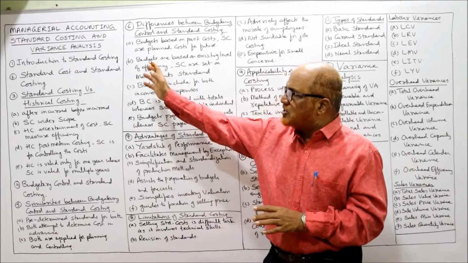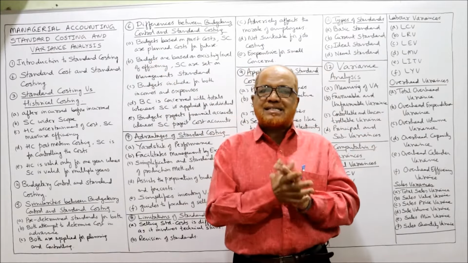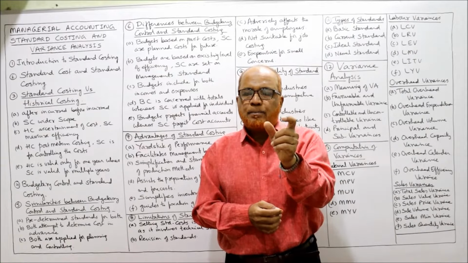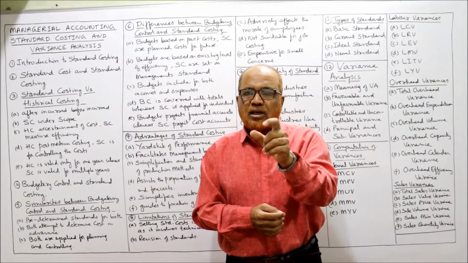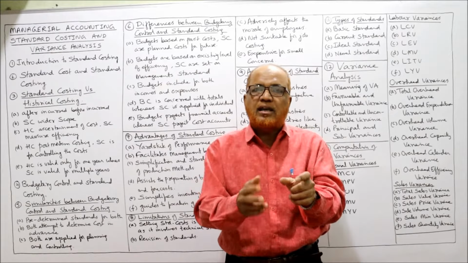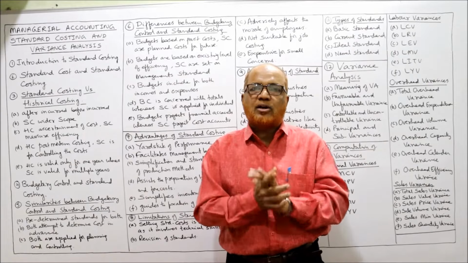This is a brief discussion about the introduction to standard costing. Now, standard cost and standard costing. The meaning of standard cost is, it's a predetermined cost. The cost which is calculated in advance. Before incurring the cost, we will calculate the cost. We'll estimate the cost.